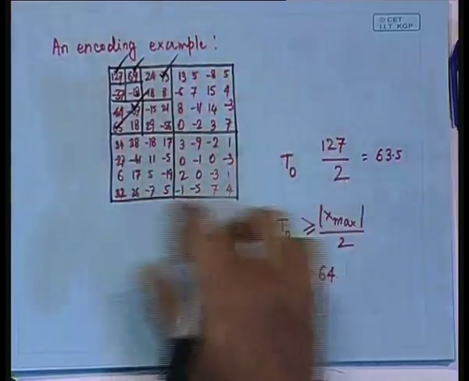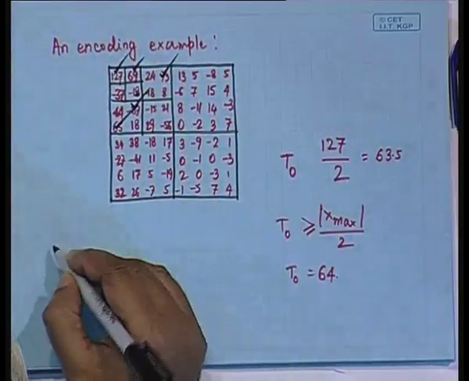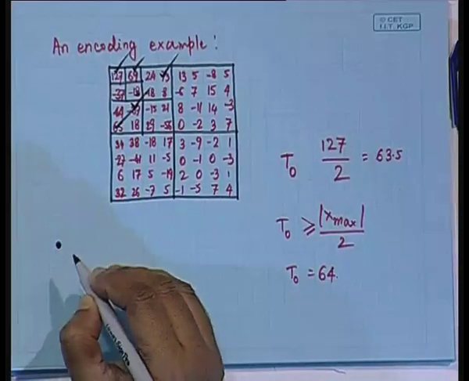And the coefficients which are significant, that could be either a positive significant or a negative significant, and the coefficients which are insignificant, they could be either an isolated 0, means not having the descendants as zeros, or they could be 0 tree roots. So, for every coefficient we have got 4 possibilities of encoding.